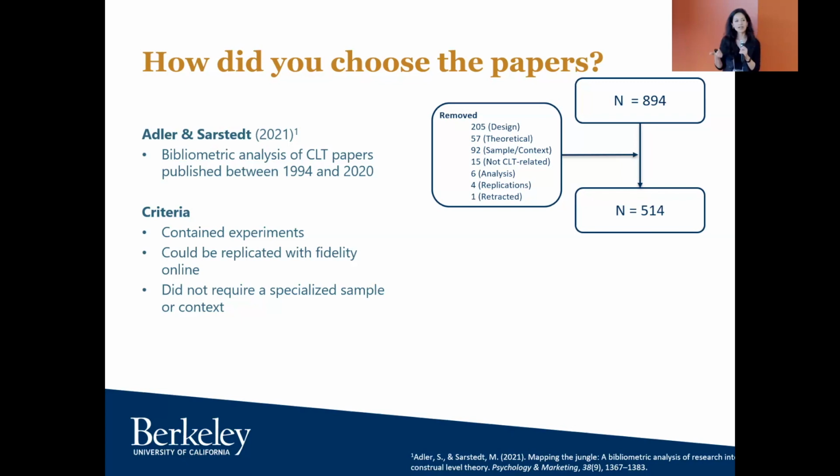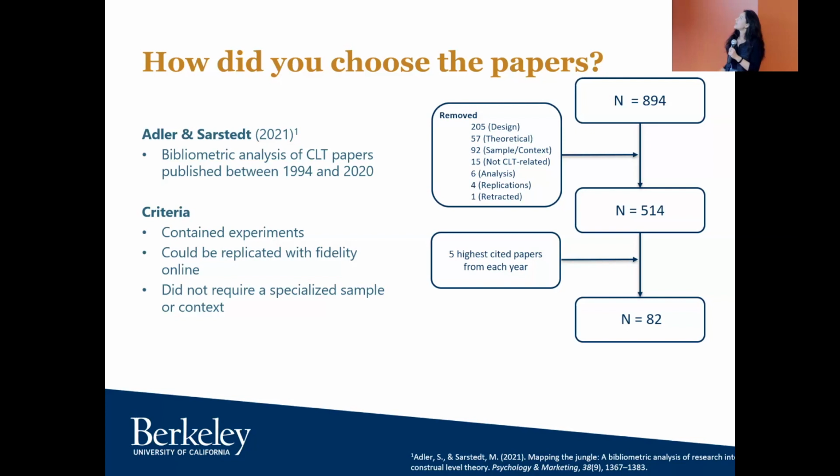They would have had to contain experiments, so they couldn't be observational field studies or longitudinal studies. We could replicate them with fidelity online and did not require a sample or context that couldn't be replicated. After that, we filtered it down even more to 5 of the highest cited papers from each year that we had papers for. And that brought us down to 82.